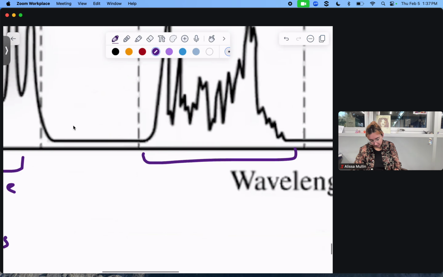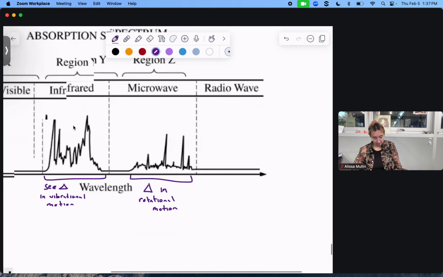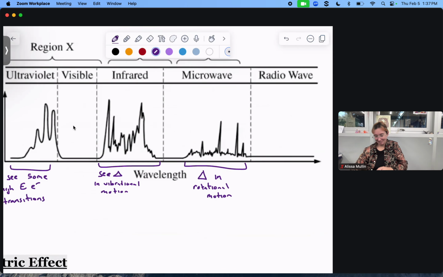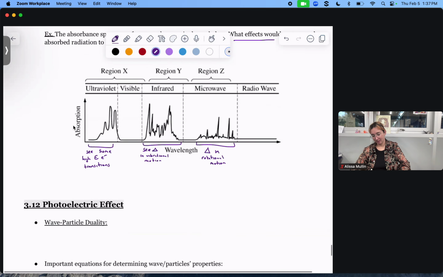So if it's absorbing microwaves, you know that the thing that microwaves do is rotate. And you don't need to worry about the rest of that. But yeah, knowing each type and what they do is important. Cool.